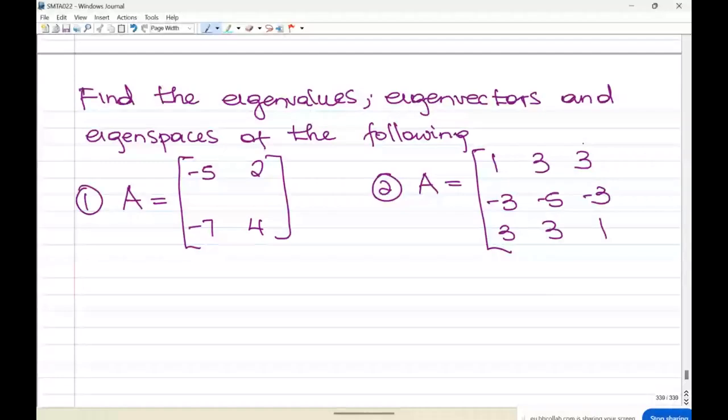Are you ready, colleagues? Can I do one of these and you go and do the other one? Today is Friday. Between 1 and 2, which one can I do, colleagues? Number 2.